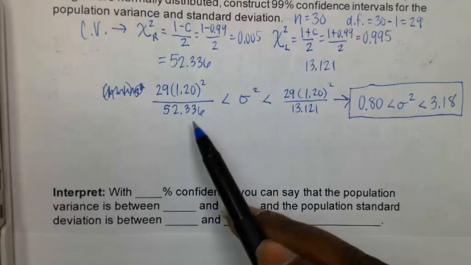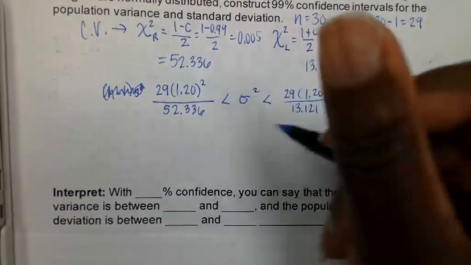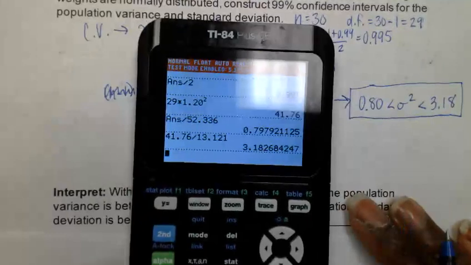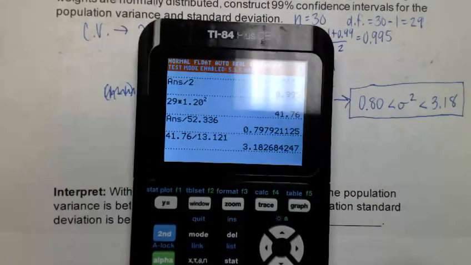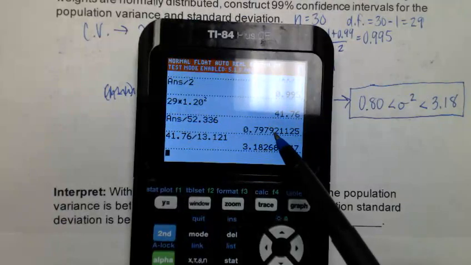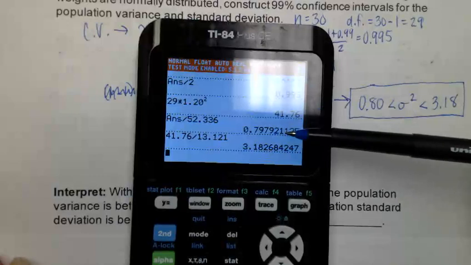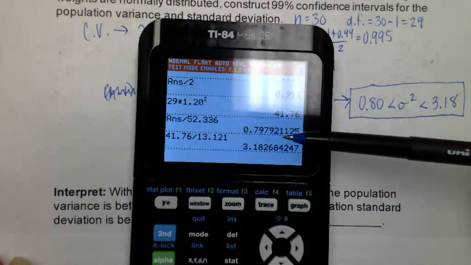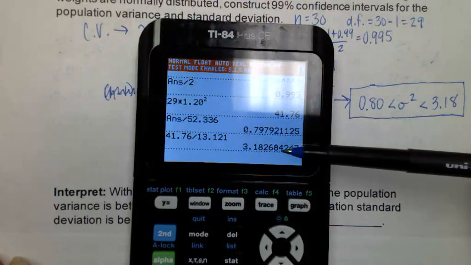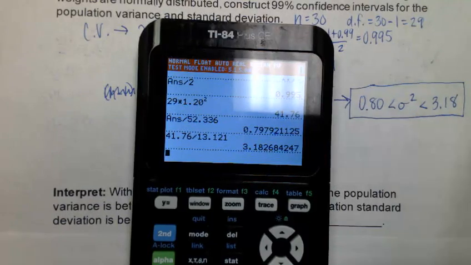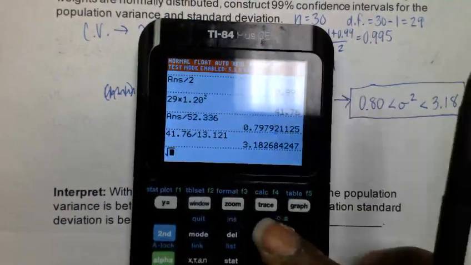Now to get the population standard deviation, you could do a few things. You can take your actual answer, not the rounded one, and take the square root.